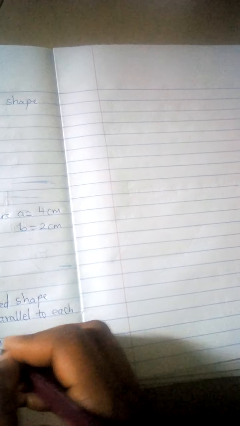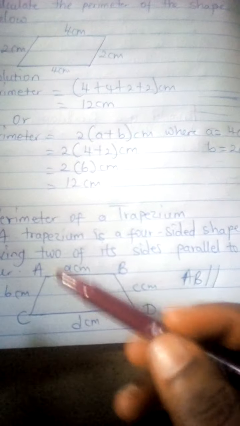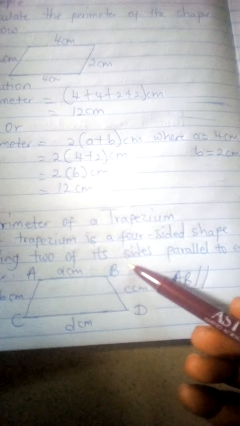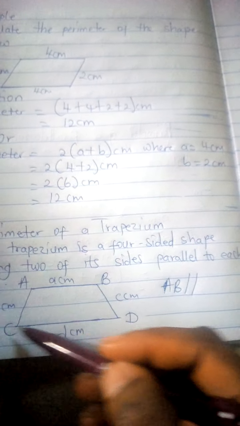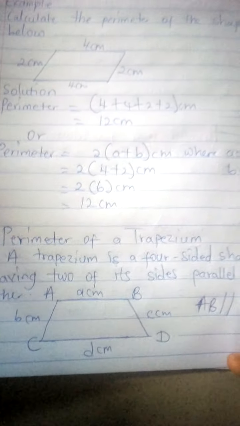Remember that AB is parallel to CD. They are parallel to each other.